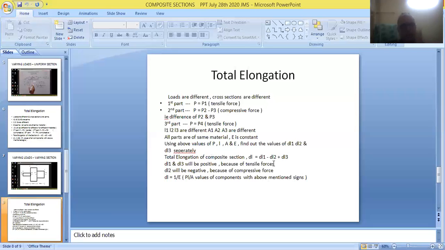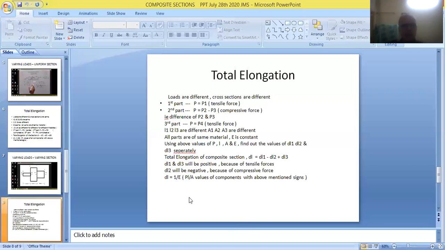The second part is subjected to compression, so a negative sign is used for the second component. So all these put together, it is written as DL1 minus DL2 plus DL3. DL1 and DL3 are positive because of tensile forces. DL2 will be negative because of compressive forces.